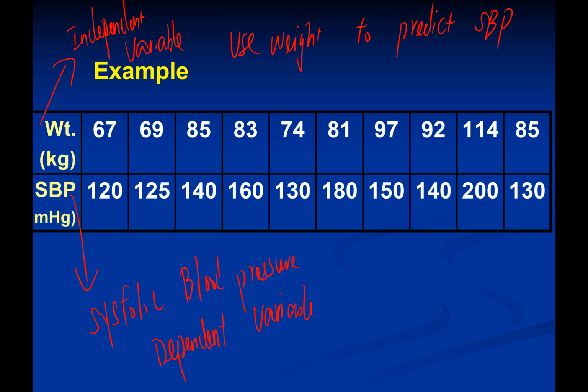Now first of all, we plot this, so each one of these becomes an ordered pair. The first ordered pair will be 67, 120. The second ordered pair 69, 125. The third ordered pair 85 and 140, etc. Eventually you get to the last ordered pair, 85 and 130. Each one of these ordered pairs becomes a point on the scatter plot.